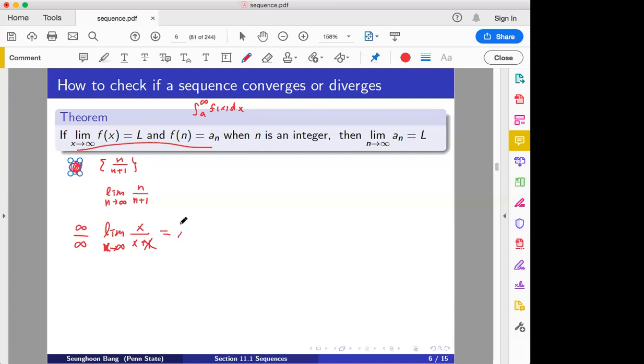It's the same as the limit as x approaches infinity of x over x. x is crossed out, just 1. So similarly, we can regard n as a function, ignore the 1, cross out n, and the answer is 1. So the sequence converges to 1. This is the idea.